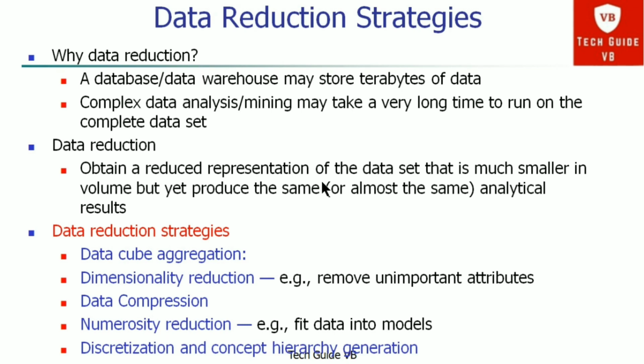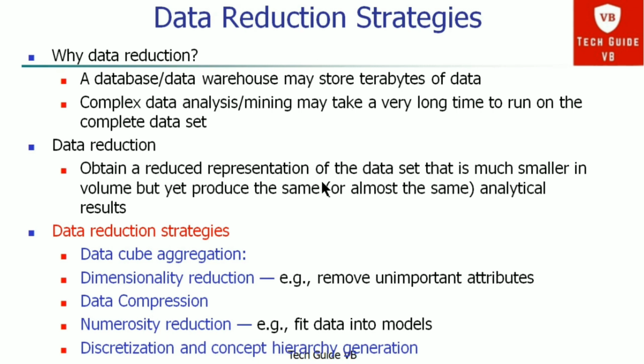Here two terms are very important. First is to obtain a reduced representation of the data set. So what we have to do here? We have to reduce the representation of the given data set, which is smaller in volume, obviously. But the second part is more important, that is, but yet produce the same analytical results, or almost the same results.